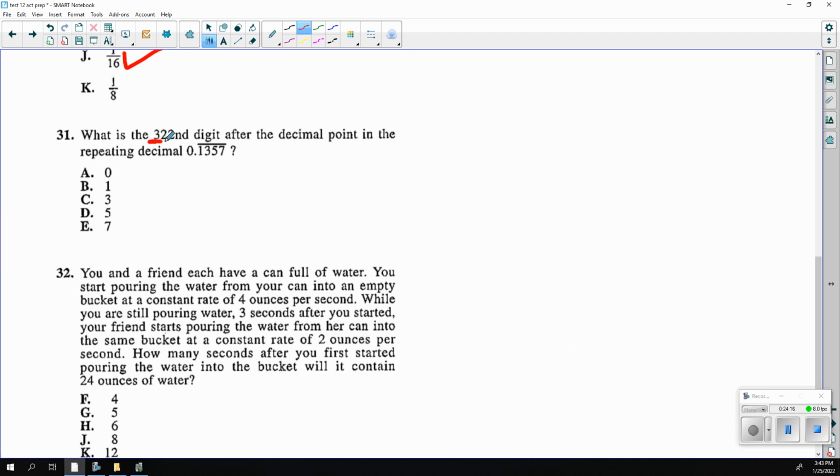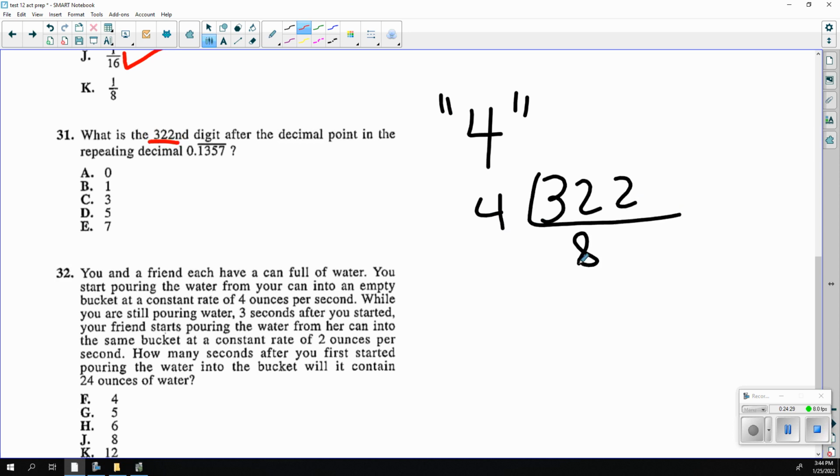Oh, an oldie but a goodie. What is the 322nd digit? Well, since every 4 repeat, I'm going to divide 322 by 4 to see how many times it goes. And of course, it goes 80 with a remainder of 2. And the remainder is the answer. So it's the second digit, which is 3.